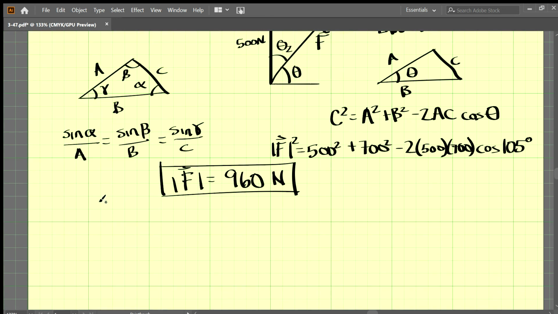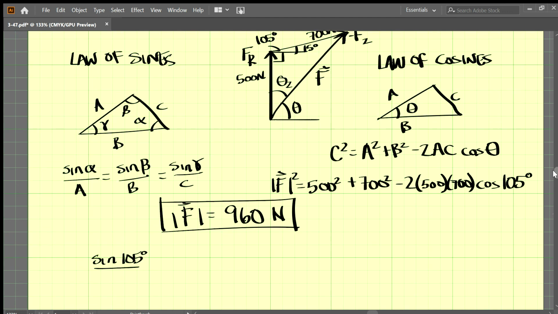So we have the sine of 105 degrees divided by the opposite side, F, which we just found, which is 960, is equal to the sine of theta 2 divided by the length opposite of theta 2, which is 700. All right, so we can move the 700 to this side and take the inverse sine.